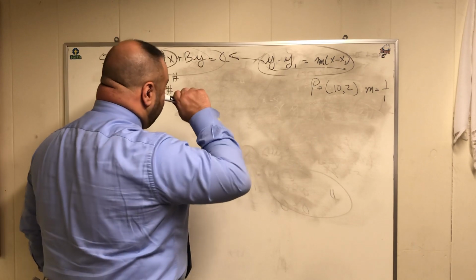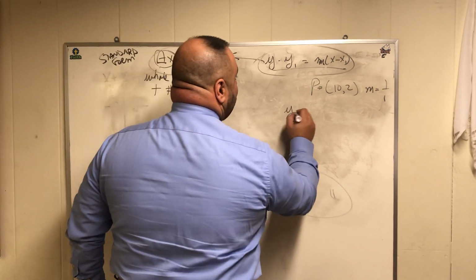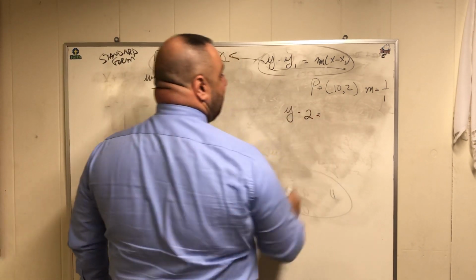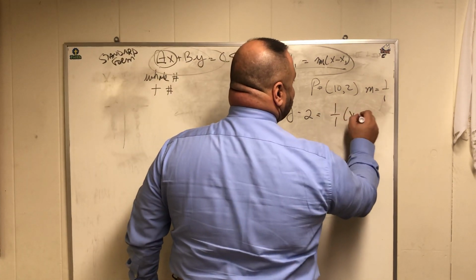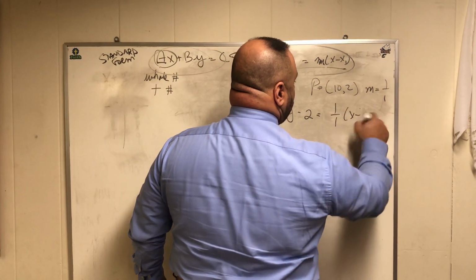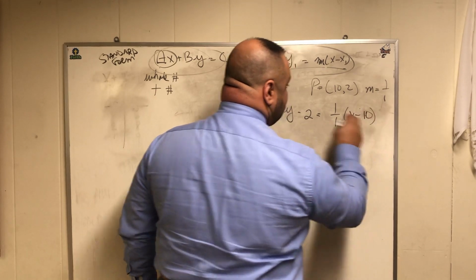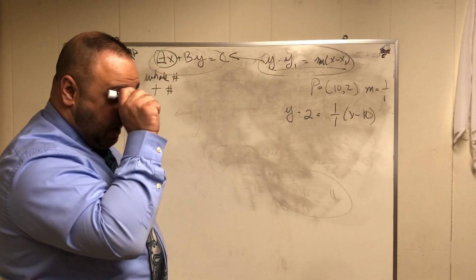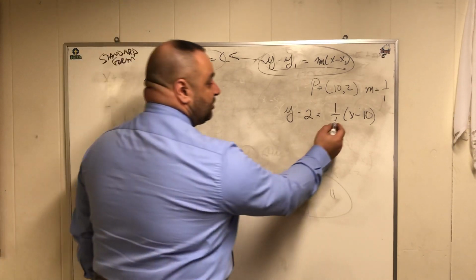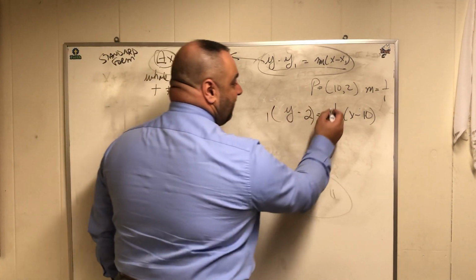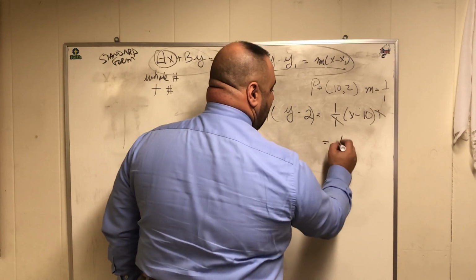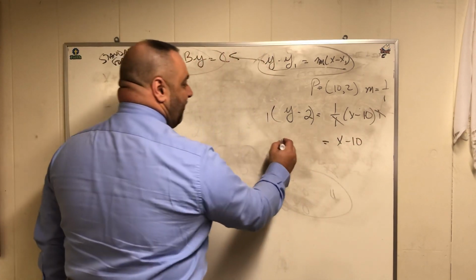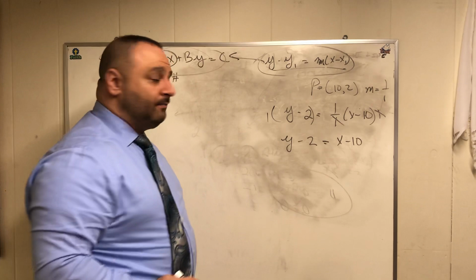All right, so let's plug it in here. So we have y minus 2 equals 1 over 1 times x minus x1, which is 10. Okay? All right, so now we're going to just obviously multiply everything by 1. So we have x minus 10, and here we have y minus 2.